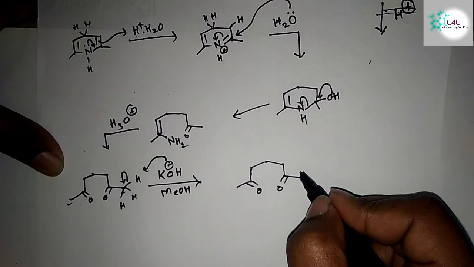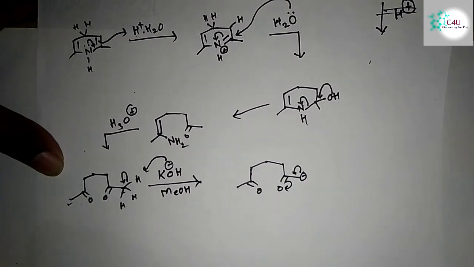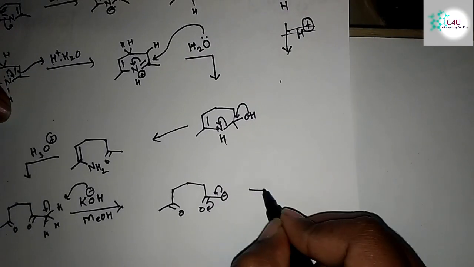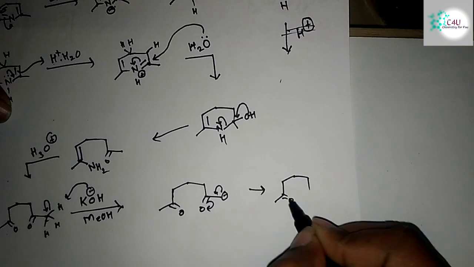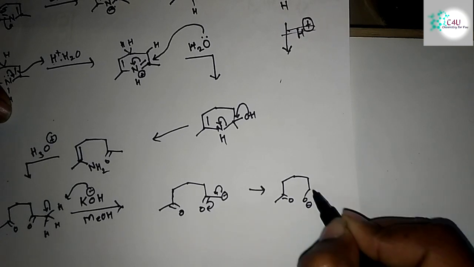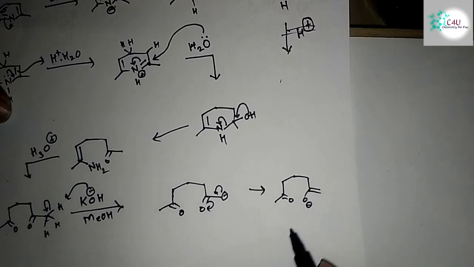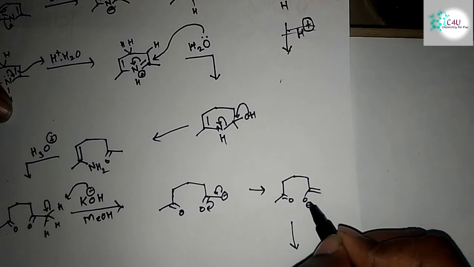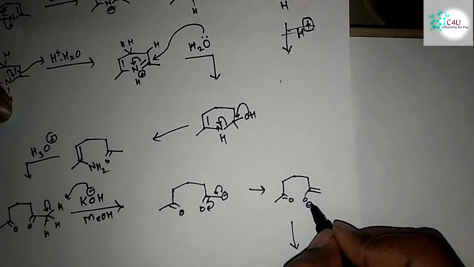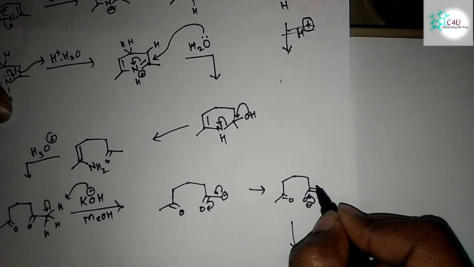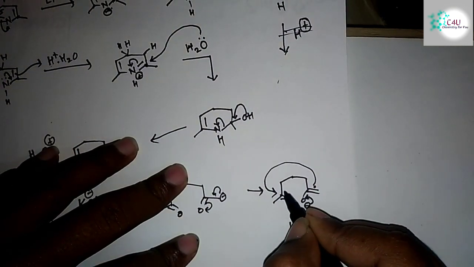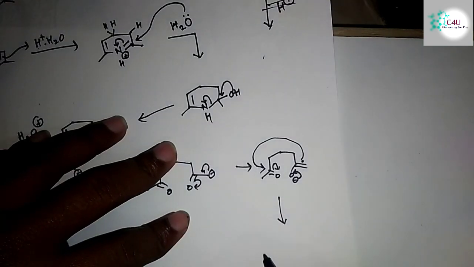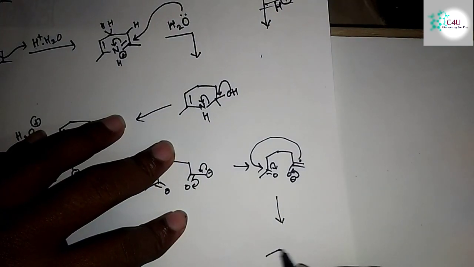You can write this enolate in this form also, minus and double bond. Now next, you have one carbonyl center. I'll show you like this. So what is being formed here?